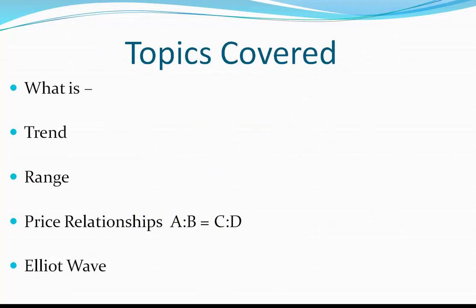All right, we're only going to cover 4 different ideas today. We're going to cover trend, we're going to cover range, we're going to cover price relationships, what we call an A to B, C to D relationship, and then we're going to cover basic beginning of Elliott wave. In the future, we're going to expand on Elliott wave.